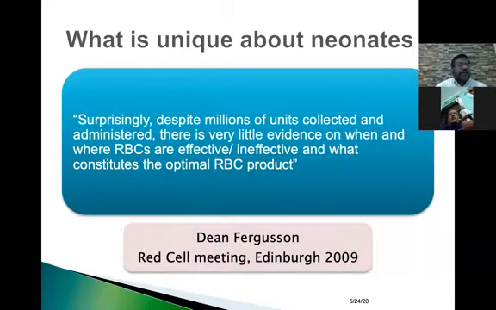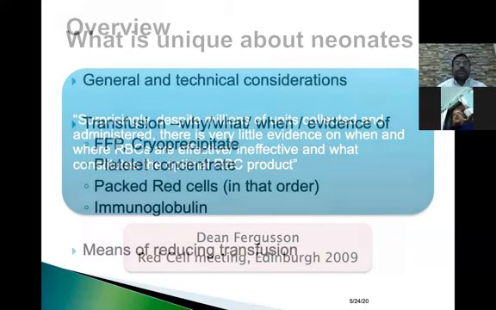As a generalization, the levels of evidence underpinning recommendations on safety and effectiveness of platelet and plasma transfusion to neonates are far less clear than for red cells, which means there is more robust clinical evidence available for red cell transfusion than for platelets, plasma and cryo. This quote was by Dean Ferguson in Edinburgh, and it was meant more for adults, and it holds very true for neonates as well.